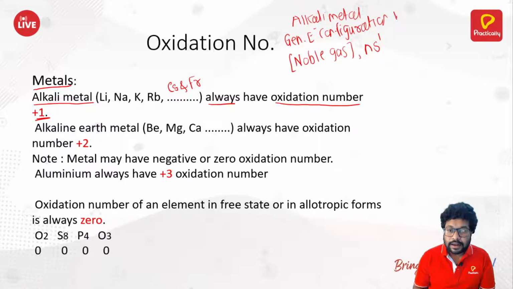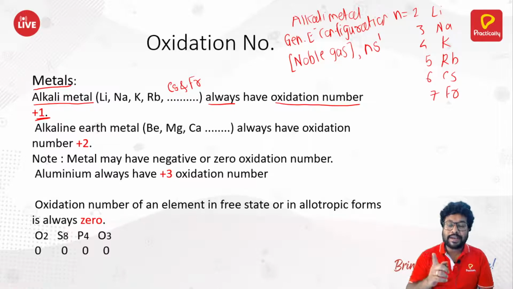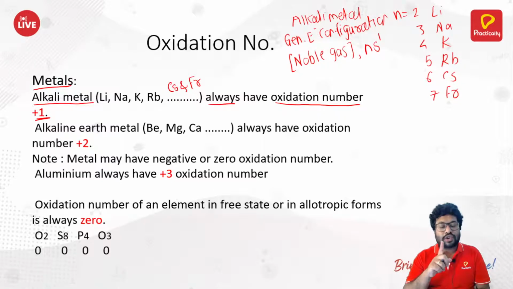Now this n is 2 for lithium, for sodium n is equal to 3, for potassium n is equal to 4, for rubidium n is equal to 5, for cesium n is equal to 6, and for francium n is equal to 7. That means every alkali metal has one extra electron outside the noble gas core.